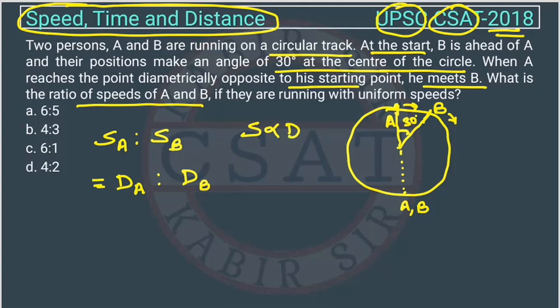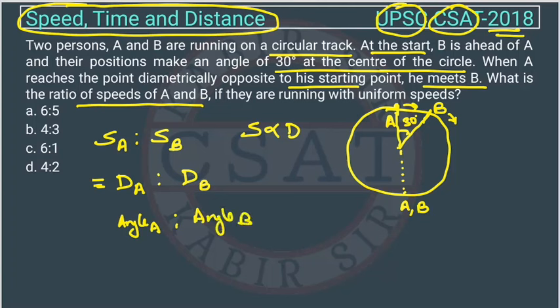So that will be equal to the distance traveled by A and B, and the distance traveled will be proportional to the angle traveled by them. So it will be equal to the angle traveled by A and the angle traveled by B.